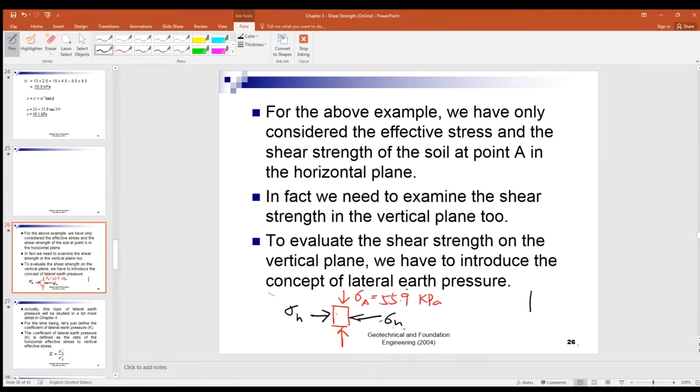So you sometimes have to work out the horizontal stress. That is sometimes called the lateral earth pressure.